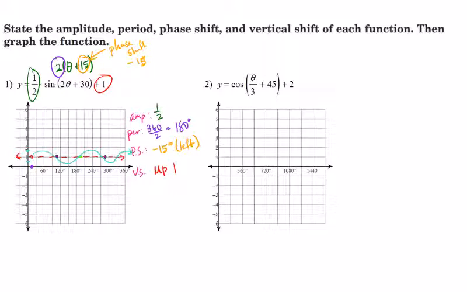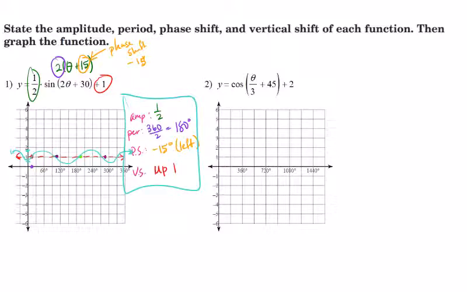Okay, not perfect, but you can kind of get the idea, right? So that's our graph. So we found the amplitude, the period, the phase shift, and the vertical shift. All right, good job.